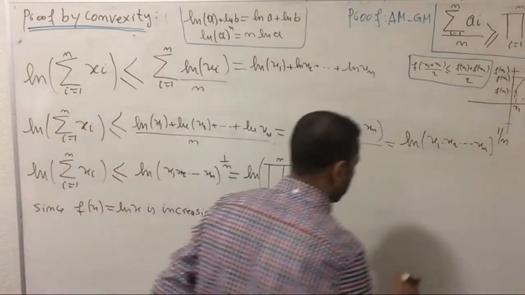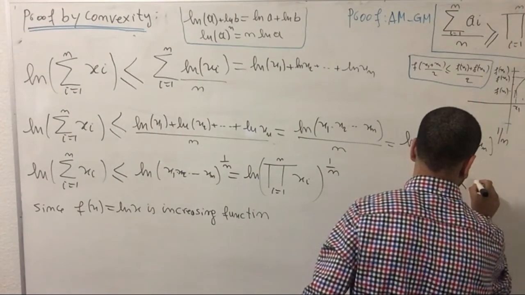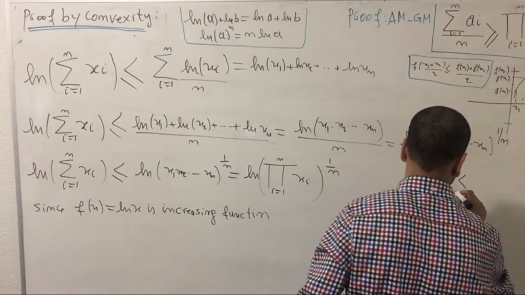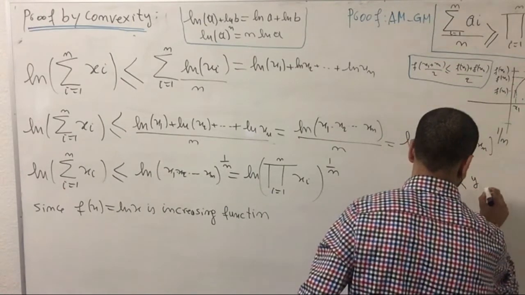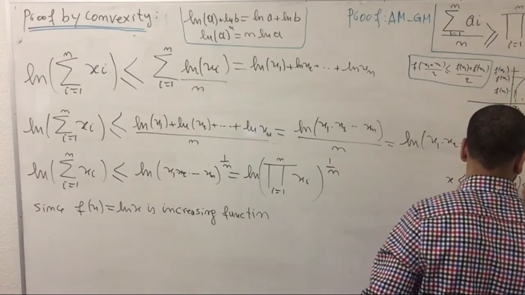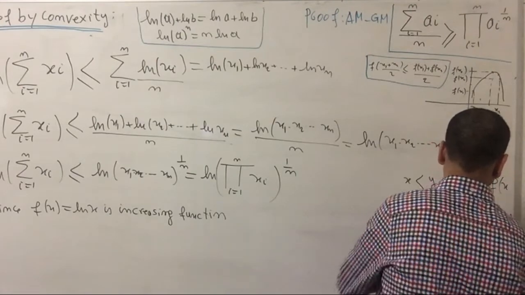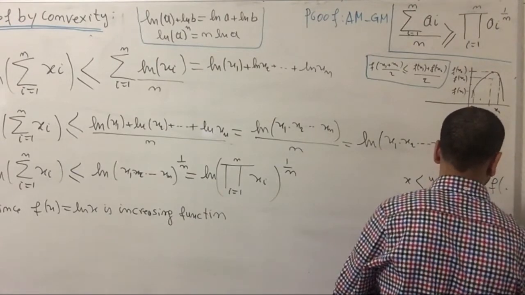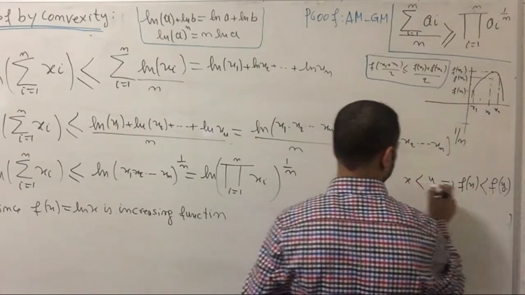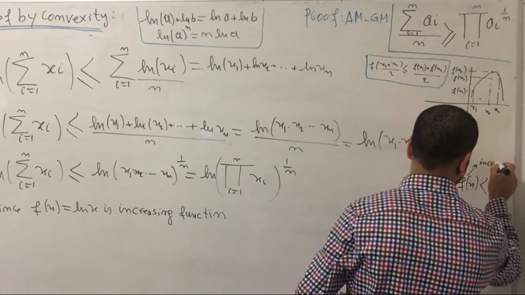So if you have x strictly inferior than y, and f is an increasing function, it means f of x is strictly inferior than f of y.